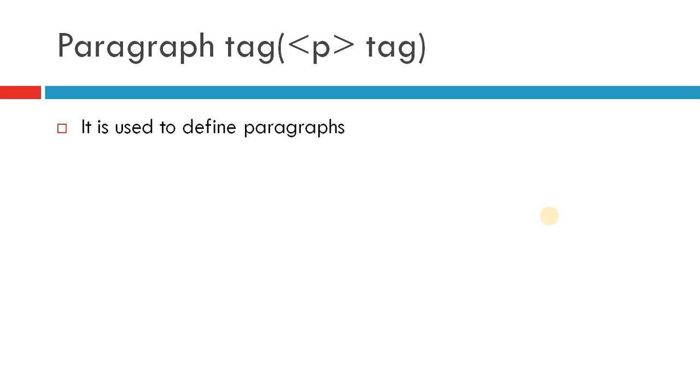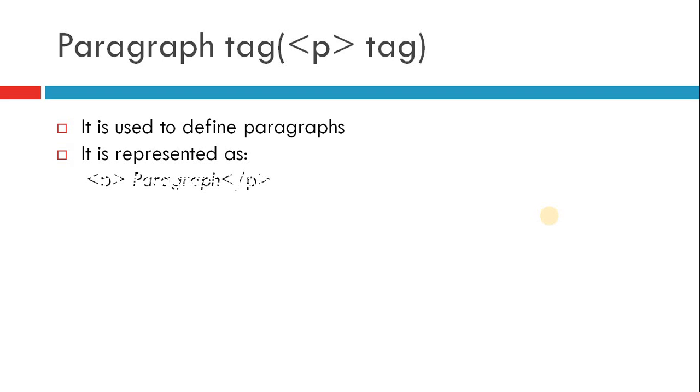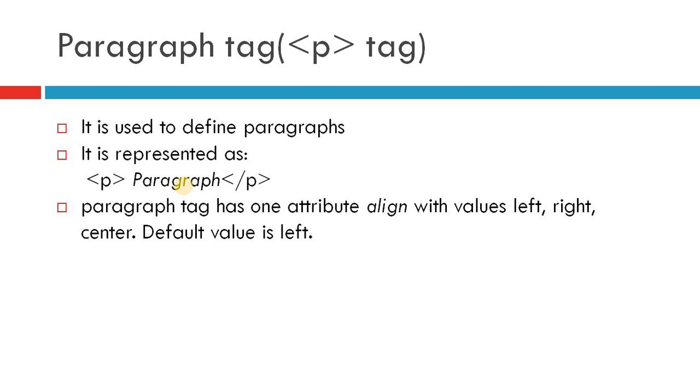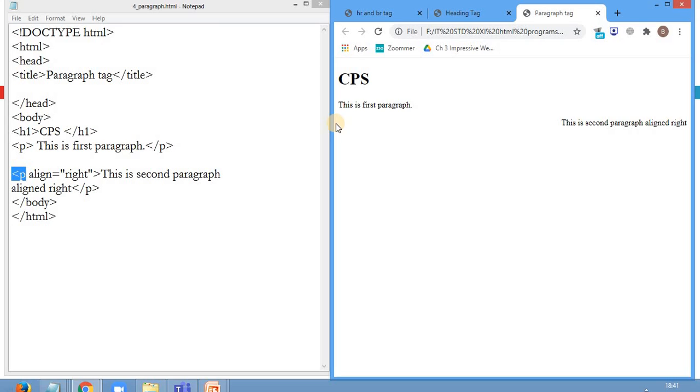So it is used to define paragraphs. It is represented as P paragraph /P. The text between P and /P will become the paragraph. Paragraph tag has one attribute, align, with values left, right and center. Default value is left.